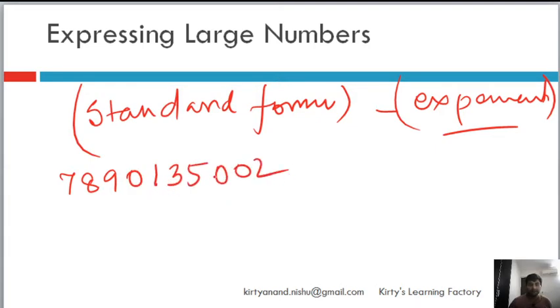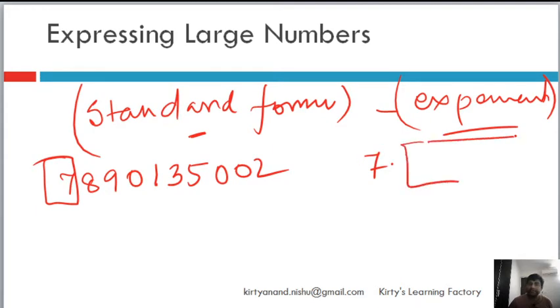Let's say this is a number. For any number to be expressed in standard form, we can only have one digit on the left side of the decimal. Everything else will be on the right side of the decimal, and then we will multiply it with a number which obviously will be a multiple of 10, so that the value of the number is maintained.